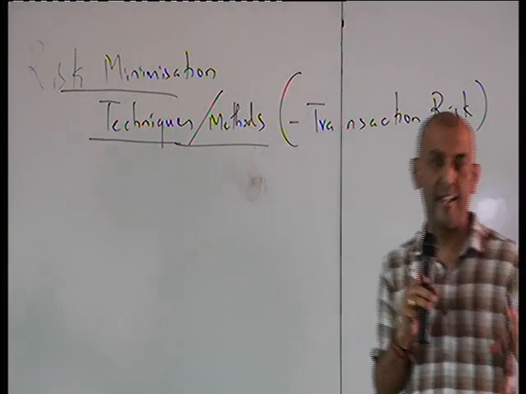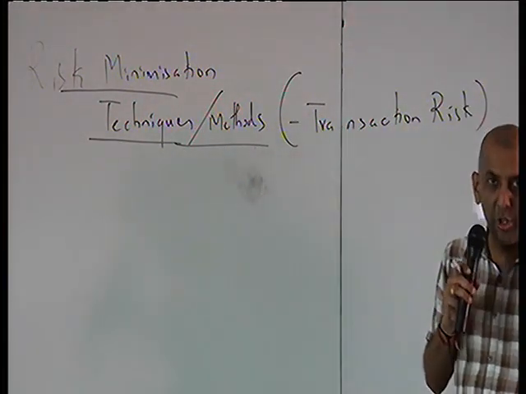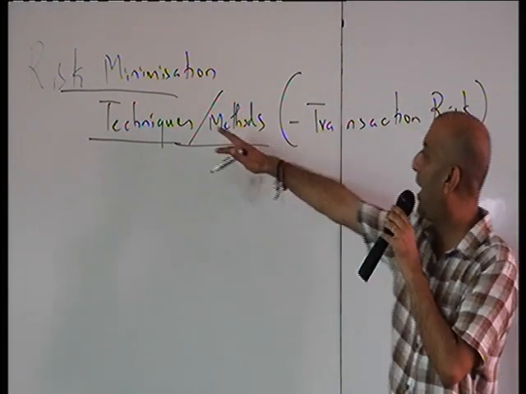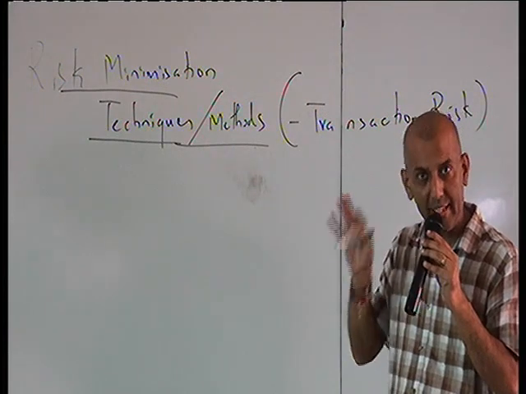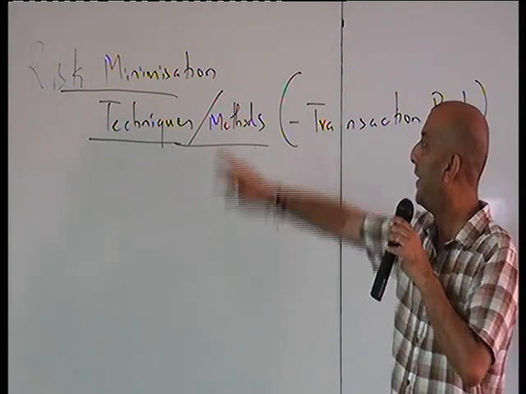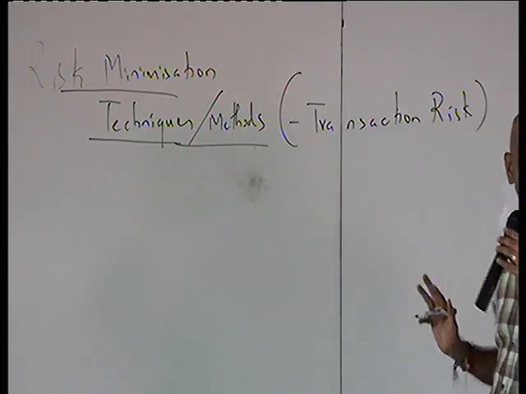In the exchange rate risk, one category called transaction risk. To reduce that risk, what are the techniques or methods I can adopt? Minimize the risk or impact. Risk minimization techniques or methods, transaction risk.